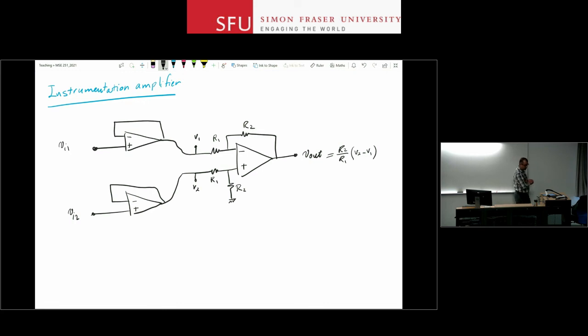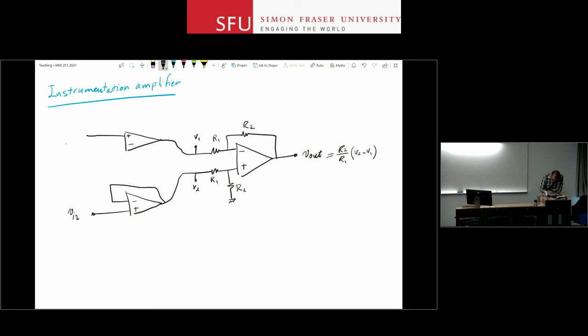However, what you can say is that, well, as long as I'm using two op-amps to make the buffers, I may as well get some gain from them. So instead of just connecting the two outputs to each other, let me move VI1 to the top here. And we'll see the reason why in a second.